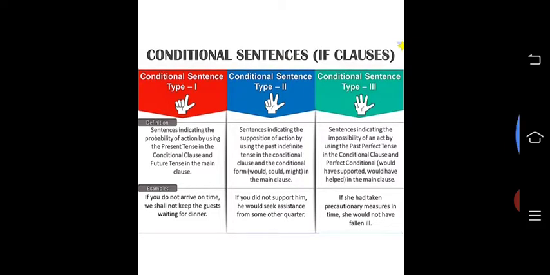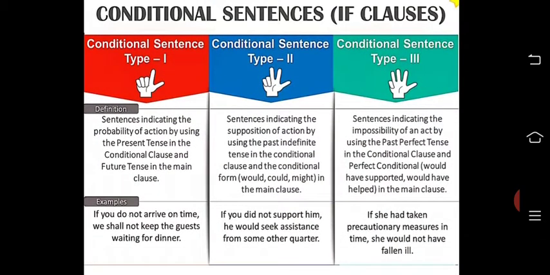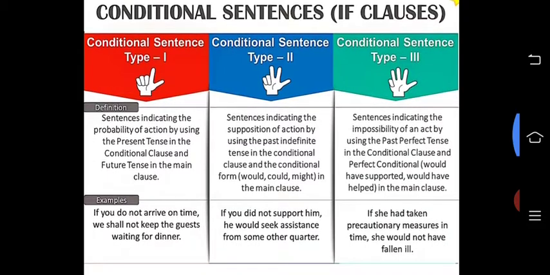The sentences indicating the probability of action use the present tense in the conditional clause and the future tense in the main clause. Got it? So the definition is present tense in the conditional clause and future tense in the main clause.